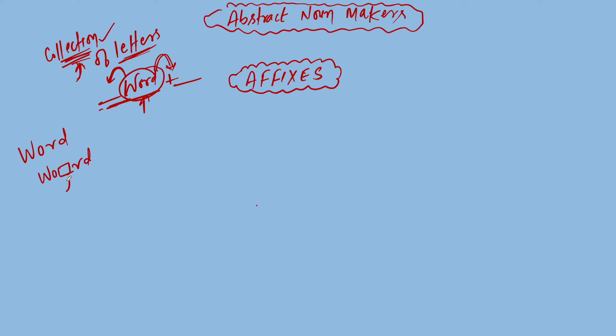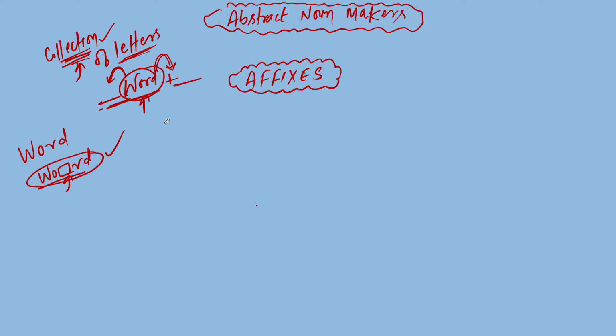What matters is that you are adding something in between the word. In that case, the meaning of the entire word will be changed. I hope it is clear to you. I need your confirmation. Is it clear?